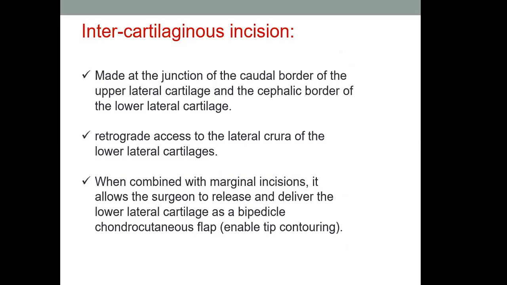Intercartilaginous incision is made at the junction of the caudal border of the upper lateral cartilage and the cephalic border of the lower lateral cartilage. Retrograde access to the lateral crura of the lower lateral cartilage. When combined with marginal incision, it allows the surgeon to release and deliver the lower lateral cartilage as a bipedicle chondrocutaneous flap.